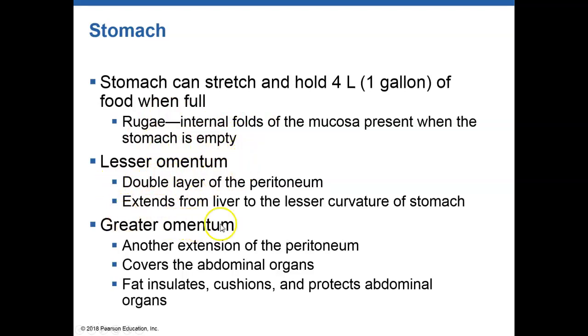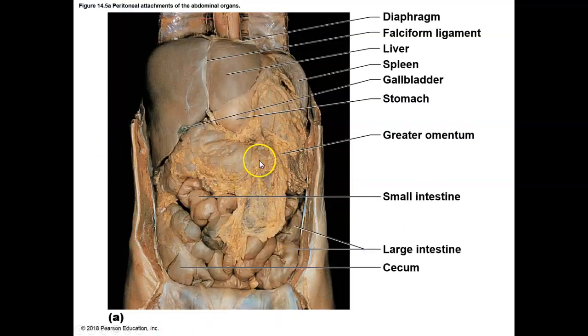We have a lesser and a greater omentum. So the lesser omentum is a second layer of a peritoneum, and then the greater omentum is an extension of the peritoneum that contains fat that cushions and protects our abdominal organs. And so again, you can see that greater omentum here that surrounds all of our abdominal organs and just kind of protects those organs.